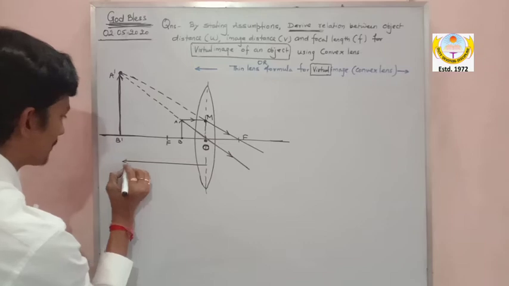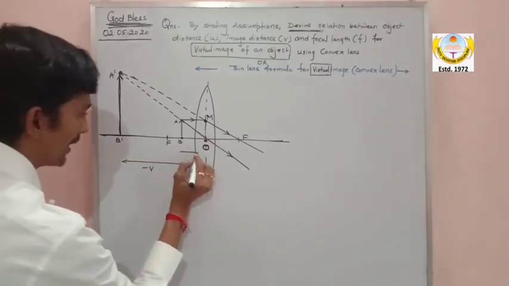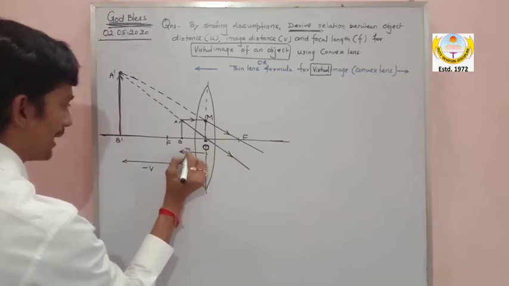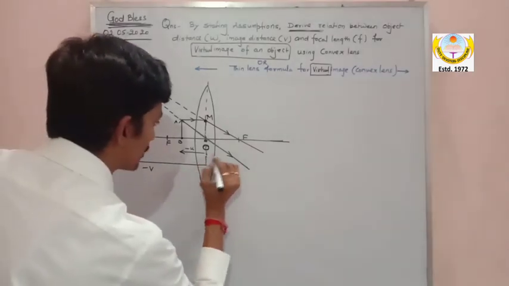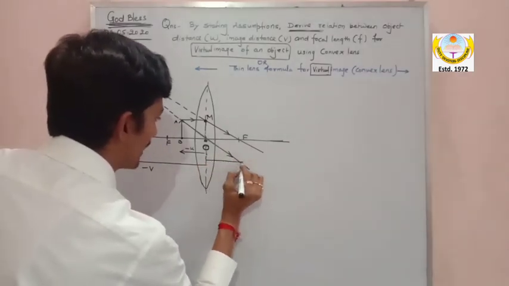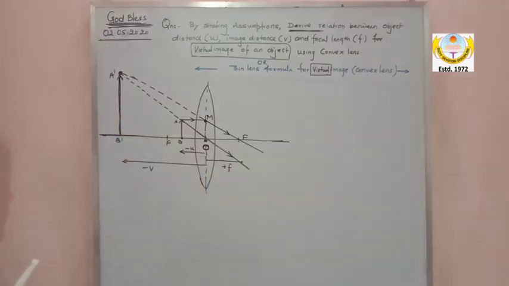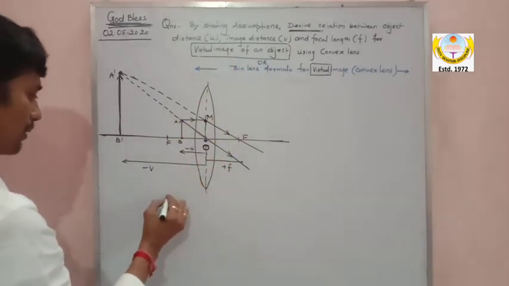Here it is minus V, that is image. Here it is optical center, my dear, right? So here it is minus U, and since the focal length of the convex lens is always positive, here you can take it as plus F. So this is the diagram, my dear, where the convex lens forms a virtual image.